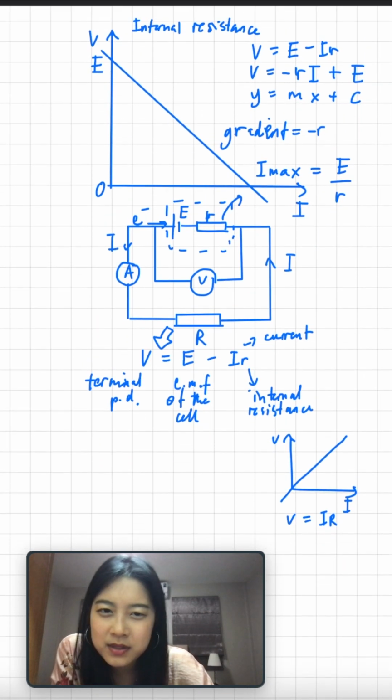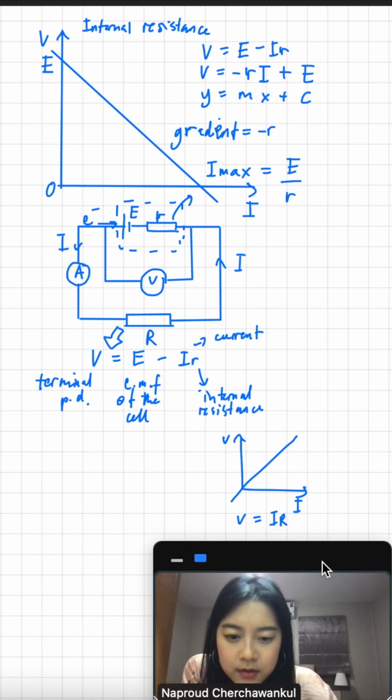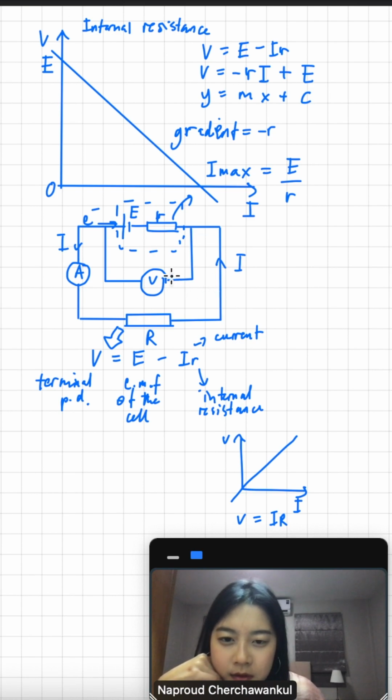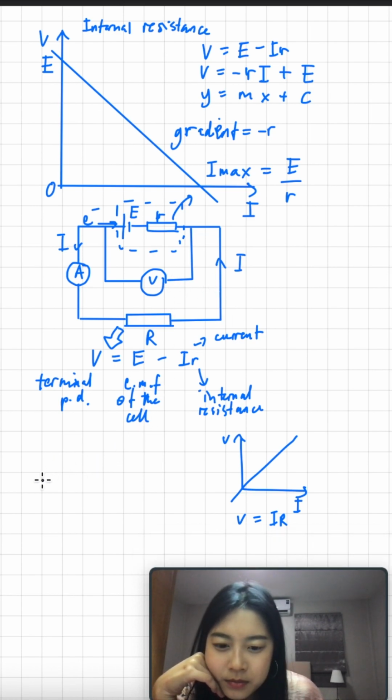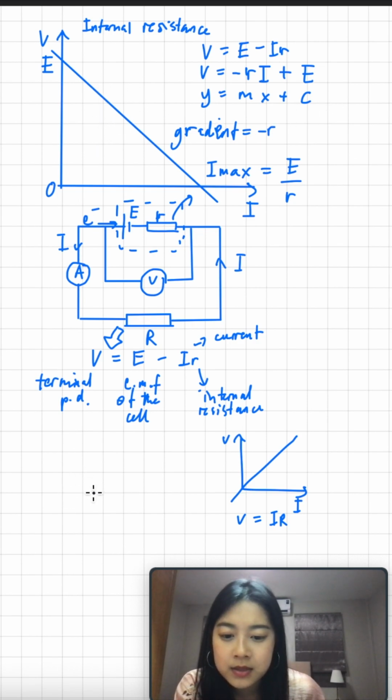Is that still visible? I hope that it's still okay. What was I saying? Okay, the gradient is minus r. You can already see that from comparing it to the y equals mx plus c form. But the other way to think about the gradient is the rate of change.